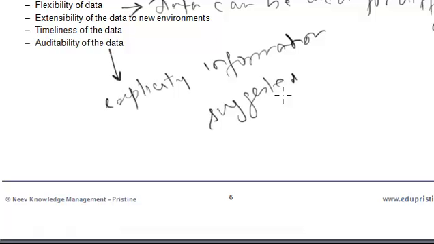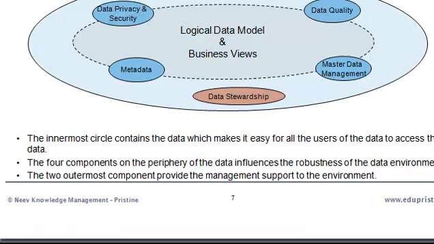A holistic risk management system links users of information to producers of the same. The figure below shows all the 7 components required for a holistic risk information management system.